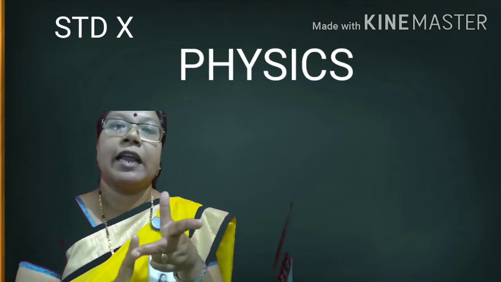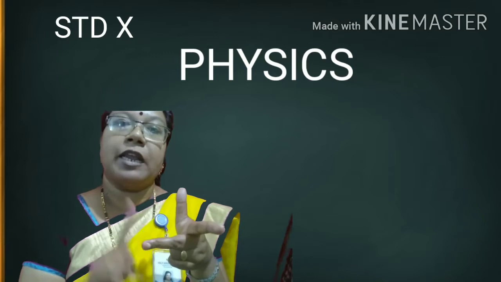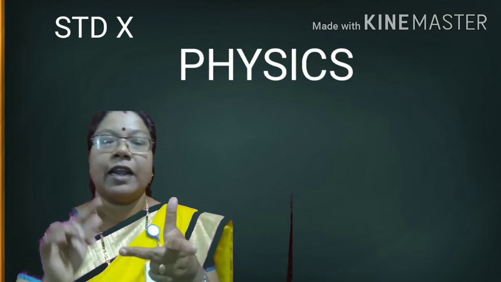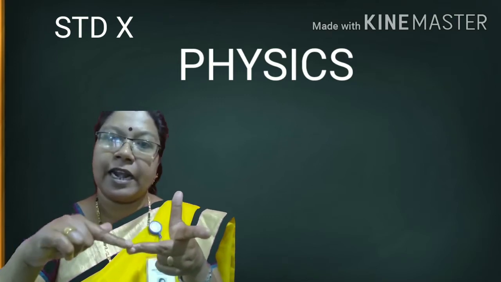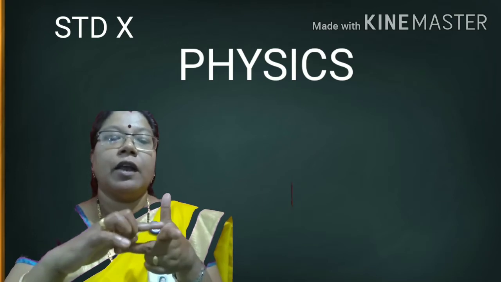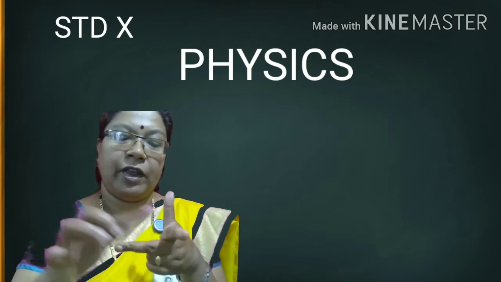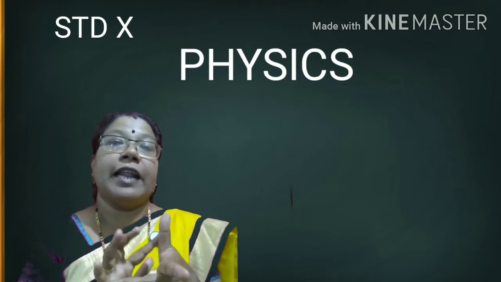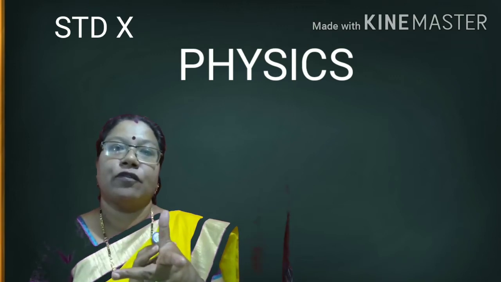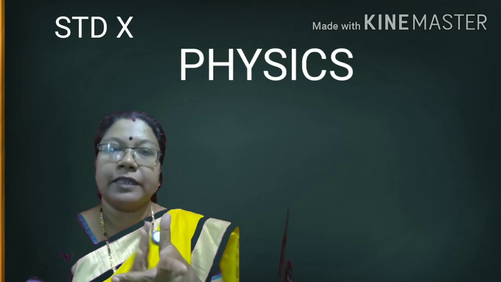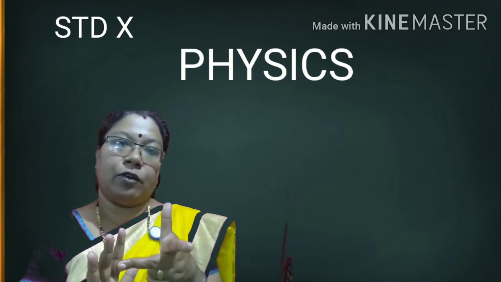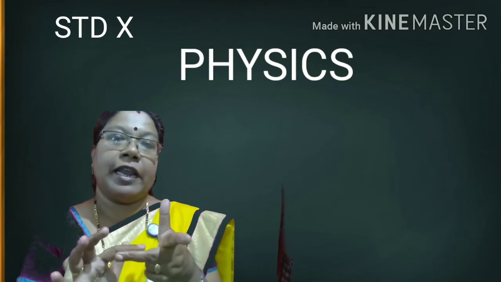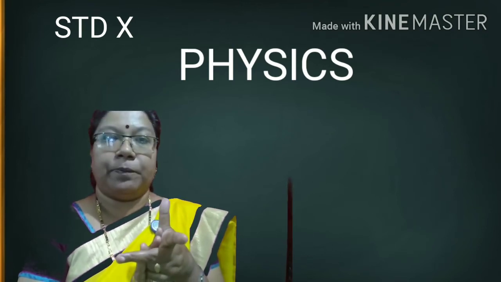So Fleming's left-hand rule says that if the magnetic field and the current are mutually perpendicular, the forefinger represents the magnetic field, the middle finger represents the direction of current, then the direction of the thumb represents the direction of force on the conductor. This is known as Fleming's left-hand rule. By using this rule, we can find out the deflection of the current carrying conductor inside a magnetic field.